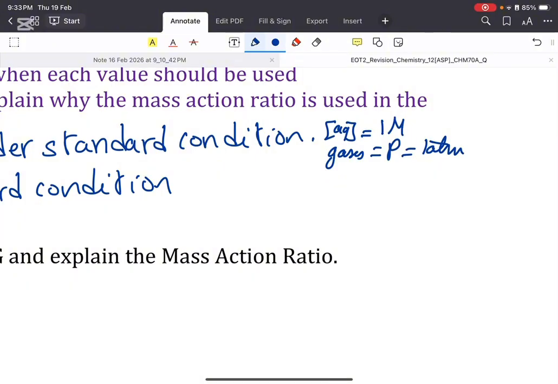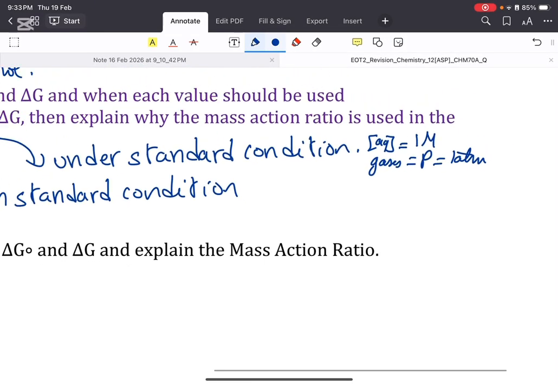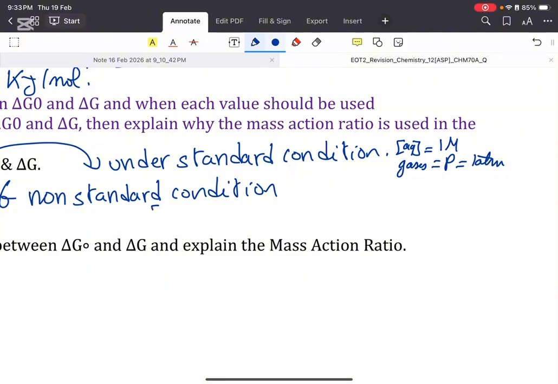Now, if I have solids and liquids, they must be in their pure state. Under non-standard conditions, the concentration is not 1 molar, and the pressure of any gas present is not 1 atmosphere.